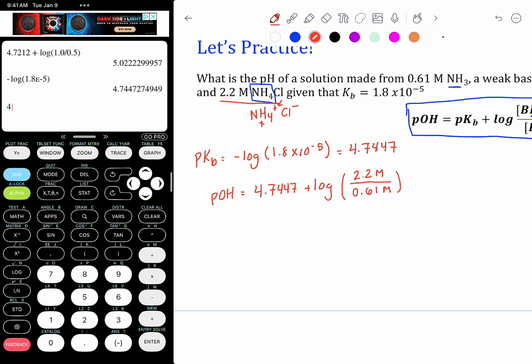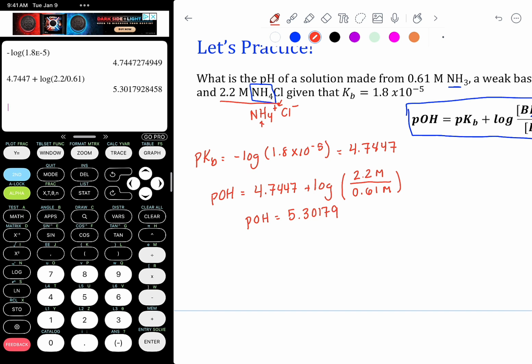So we do 4.7447 plus the log of 2.2 divided by 0.61. And we get a pOH that is equal to 5.30179. Now that's not our final answer, so I'm not going to put it into sig figs.